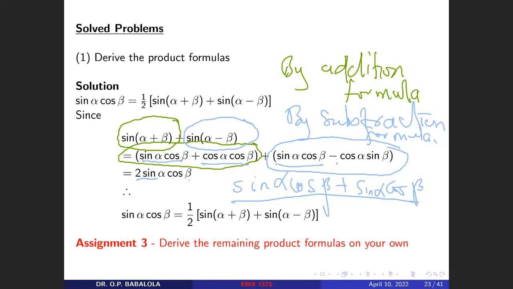This part is wrong. By addition, sine alpha plus beta is equal to, let me just write out the correct one: sine alpha cos beta plus cos alpha sine beta. So this is the correct one.